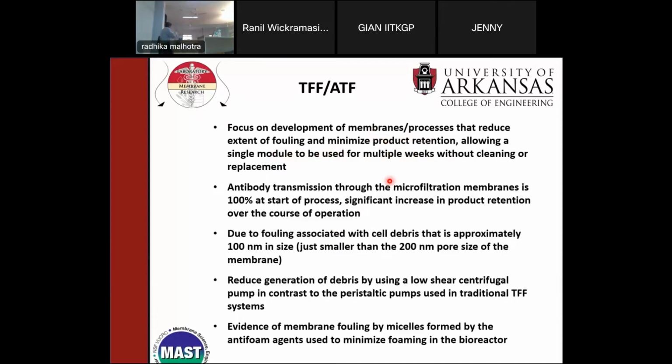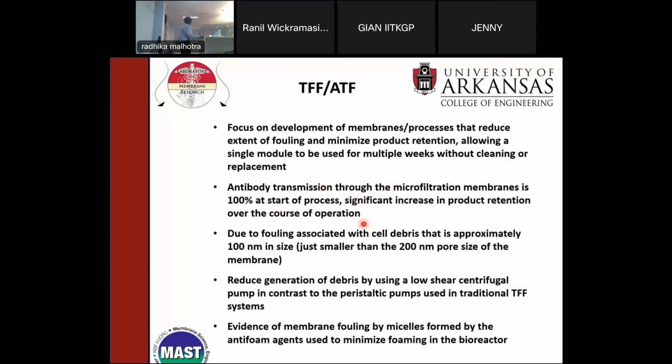So in tangential flow filtration, you're using large diameter fibers, but nevertheless you will be fouling eventually. And if it doesn't last a month, now you've got to switch these out. That's a possibility of losing sterile operation. If it's non-sterile operation, you'll kill whatever is in the bioreactor, okay? Antibody transmission through microfiltration membranes is 100% at the start, but there is significant product retention over the course of operation.